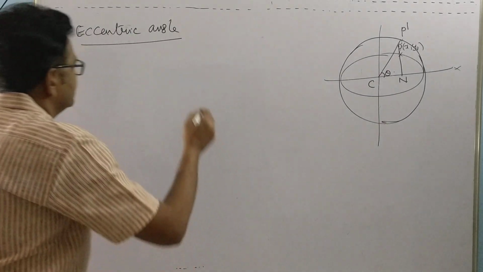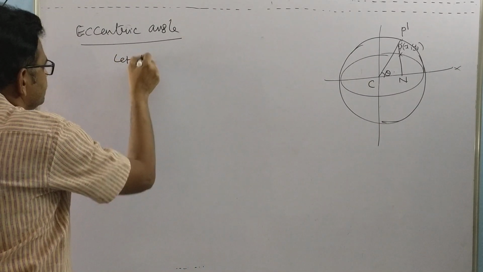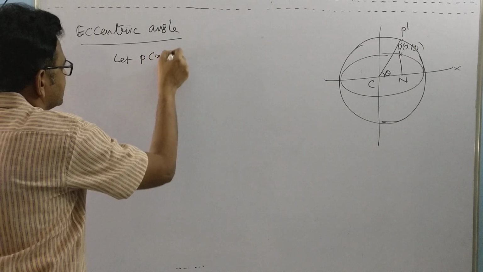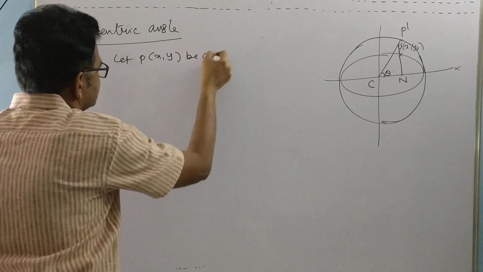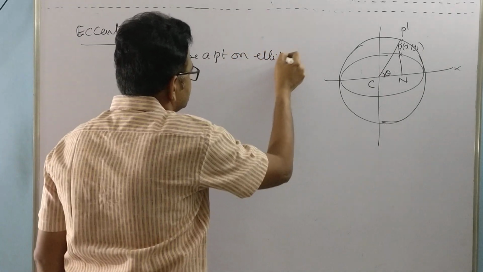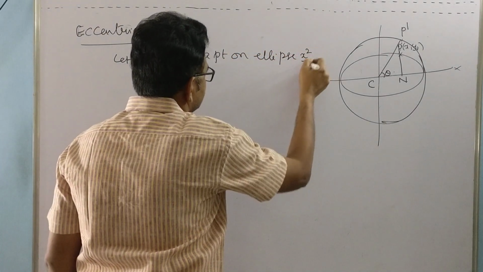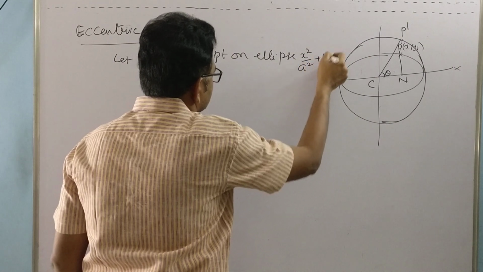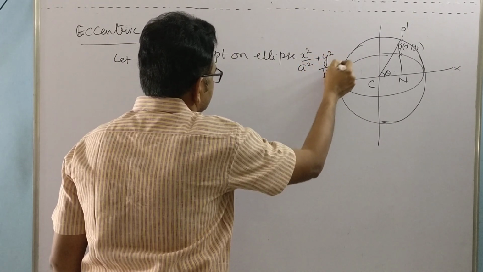Okay, so here let P(x, y) be a point on the ellipse. Ellipse means x square by a square plus y square by b square equal to 1.